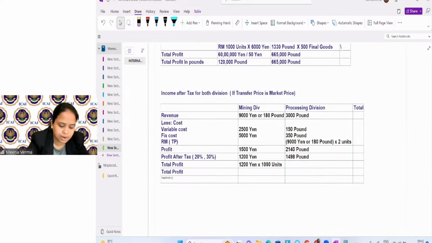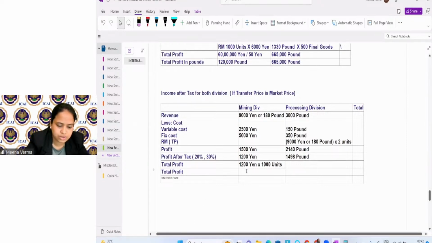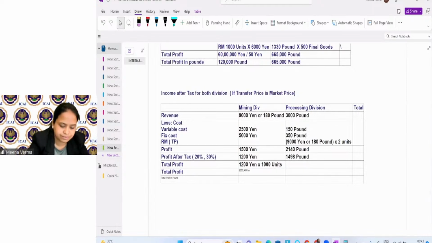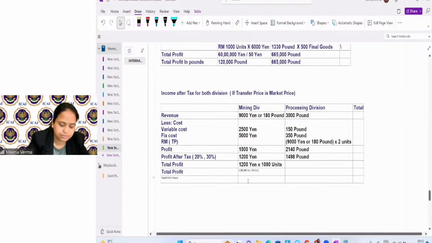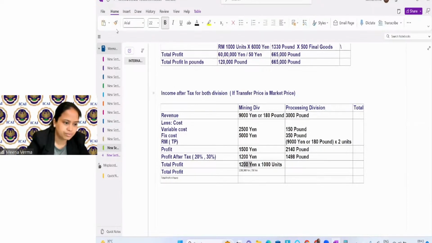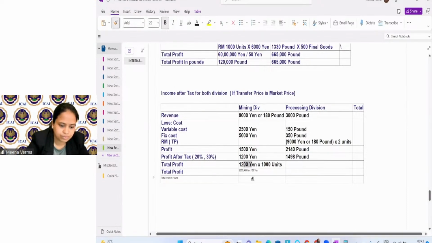So here this will be 1200 yen divided by 50 yen. This will give you the value in pound. Give me 1 minute. The value in pound.